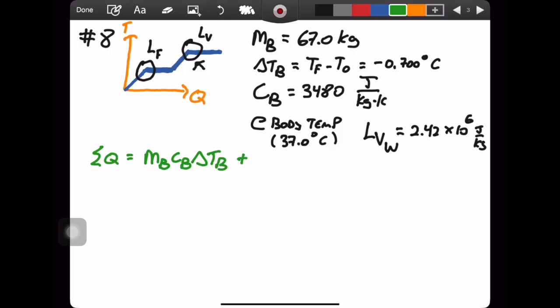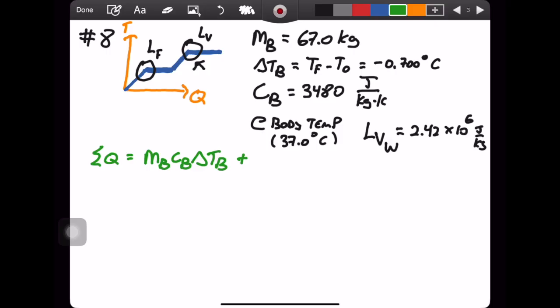So the body cooling down is going to give off heat. But the heat that's being given off to cool down doesn't come for free. We need to vaporize the perspiration in the liquid form into a vapor.